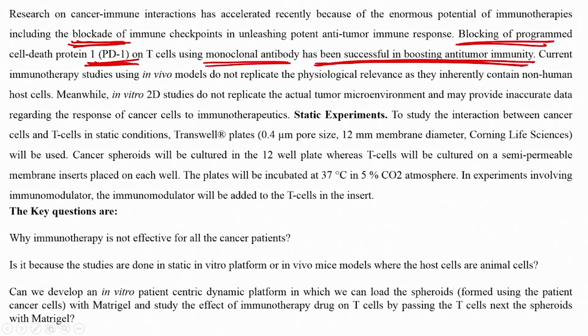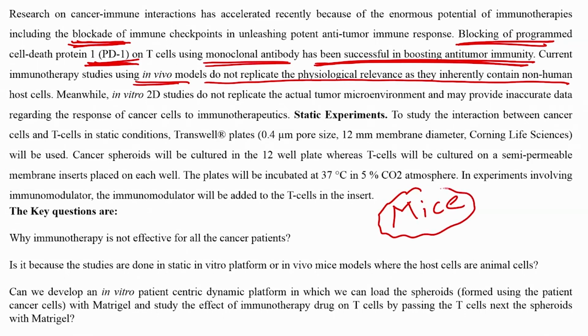So, current immunotherapy studies using in vivo models do not replicate the physiological relevance, as they inherently contain non-human host cells. So, the present studies that we go for are animal models in mice.